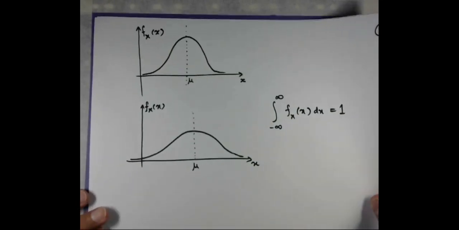Now, I'll do an example and see how we can calculate the probabilities of certain intervals of interest if we have some Gaussian distribution available. First, recall the concept of a standardized random variable. I told you that the standard random variable is the one with zero mean and unit variance. The mean has been brought to 0 and the variance is brought to 1, just to make it a standard distribution.